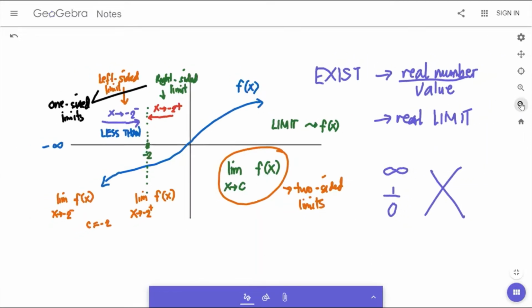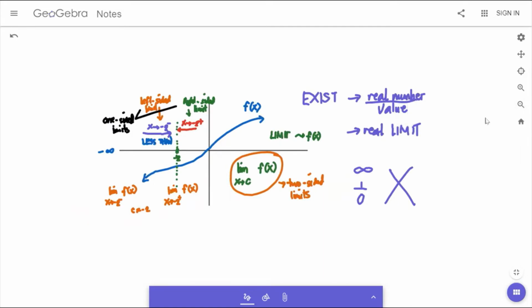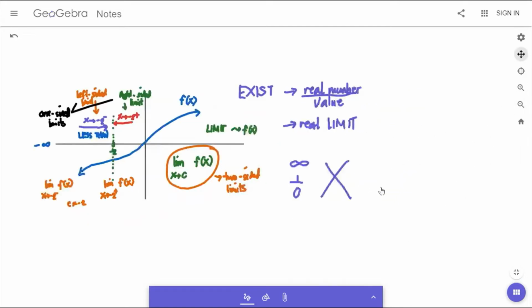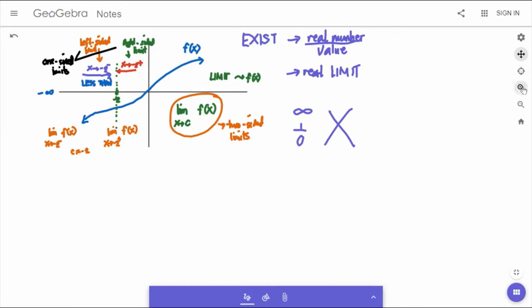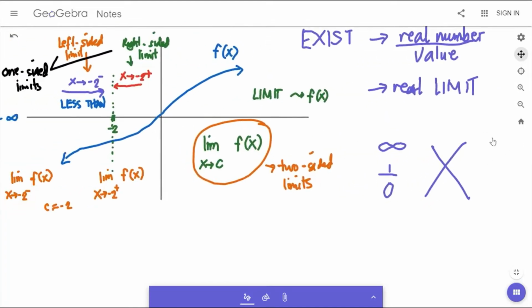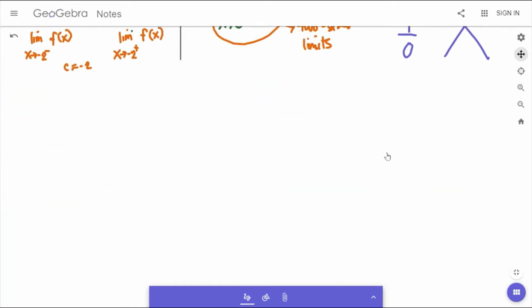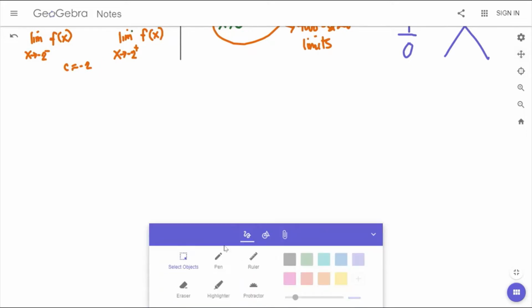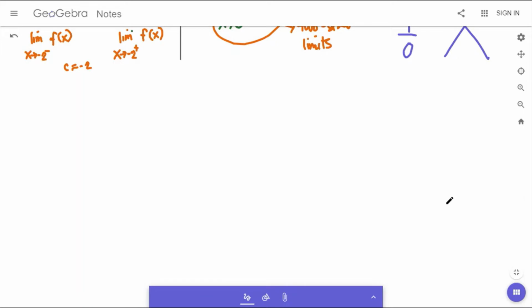So in the definition now of this limit, ang ibig sabihin ngayon daw, two-sided versus one-sided limit, it must always be true. Okay? The two-sided limit of any function, let's say f of x, as x approaches c, will exist.